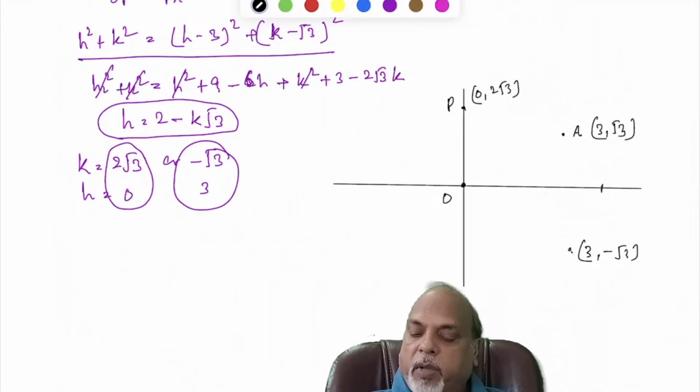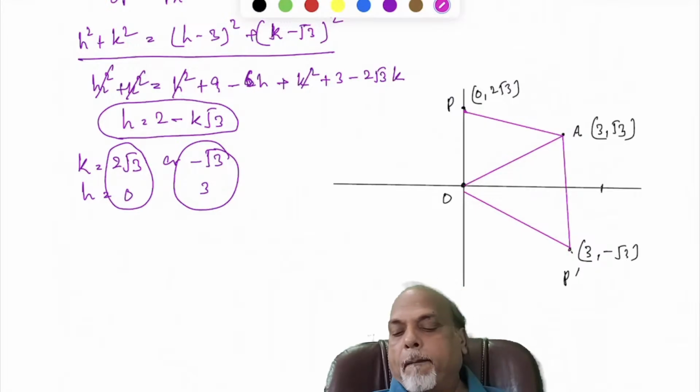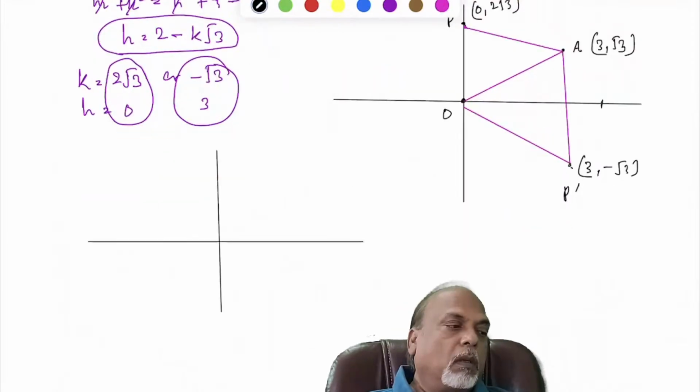You can name it P dash. If you see, this is the equilateral triangle you are getting. These two equilateral triangles, OAP and O.